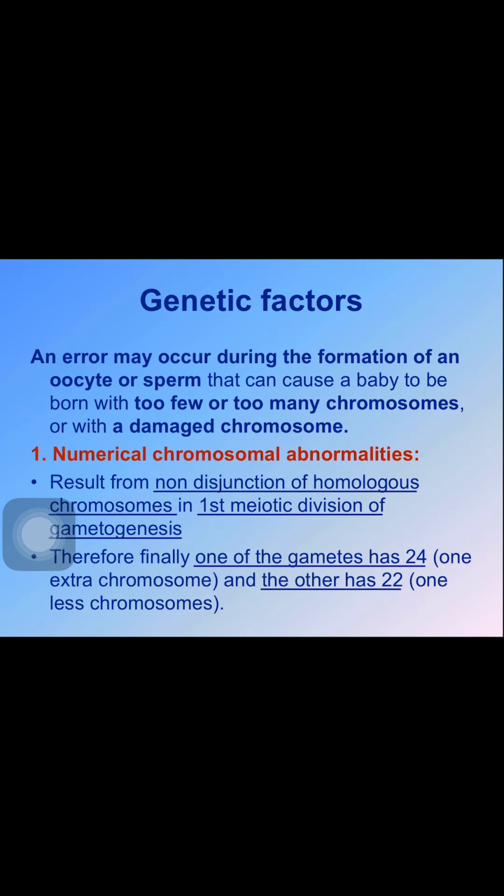Let's see numerical chromosomal abnormalities, where the number of the chromosomes is different. They result from non-disjunction of the homologous chromosomes in the first meiotic division of the gametogenesis. Therefore, finally, one of the gametes has 24 chromosomes and the other has 22 chromosomes.